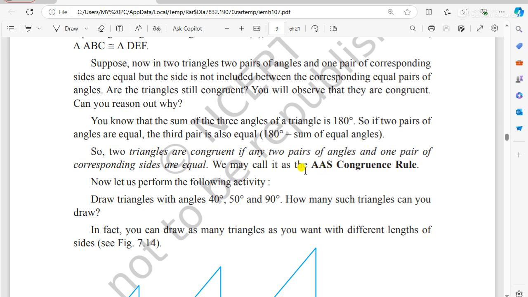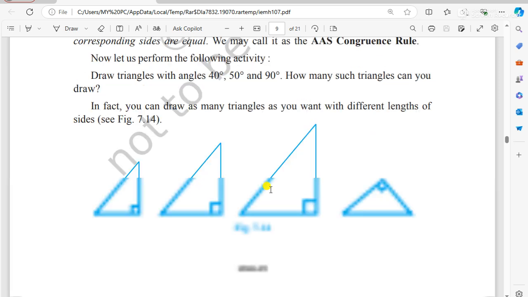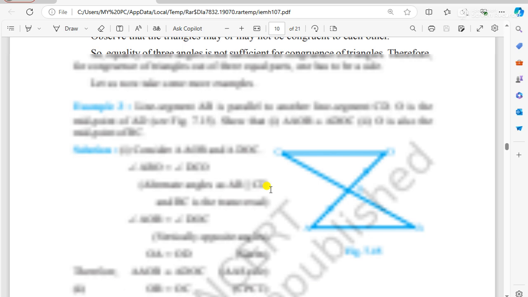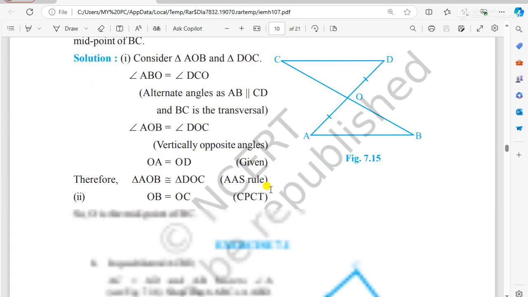That is, two triangles are congruent if any two pairs of angles and one pair of corresponding sides are equal. Now we will go to the next phase.